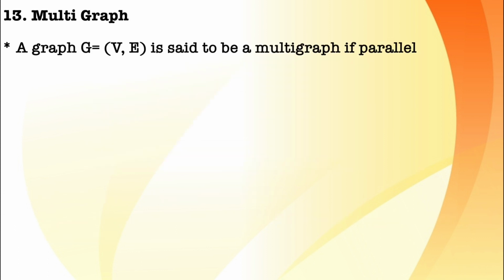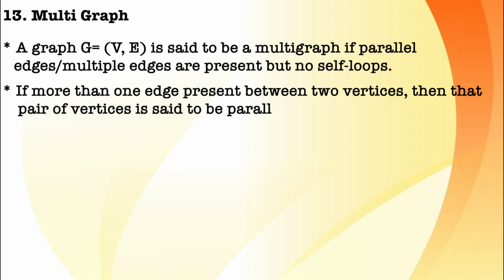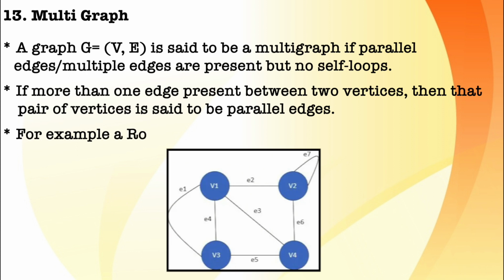A multigraph G equal to (V, E) can be called a multigraph if the graph does not contain any self loops but parallel edges are present. That is, if there is more than one edge between 2 vertices, then that pair of vertices is said to have parallel edges. For example, a road map.